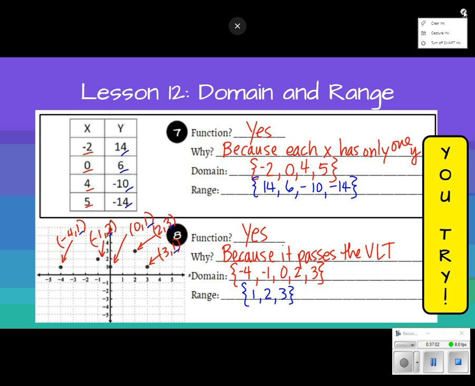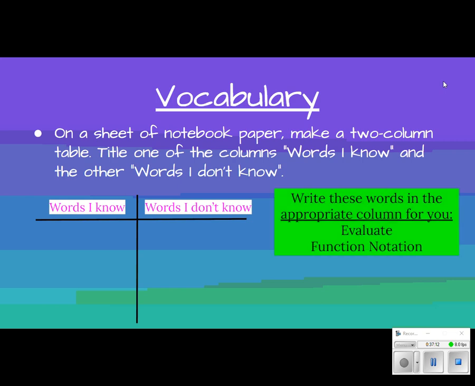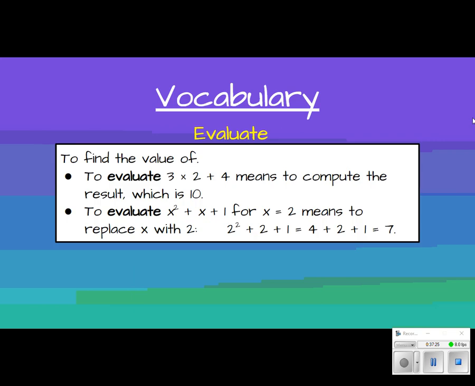Let's look at function notation. And we're getting into some vocabulary, so some words that you may not know, you may know. Do you know evaluate? Do you know what function notation is? Evaluate can be used in two different ideas, and I think you've done both of these.